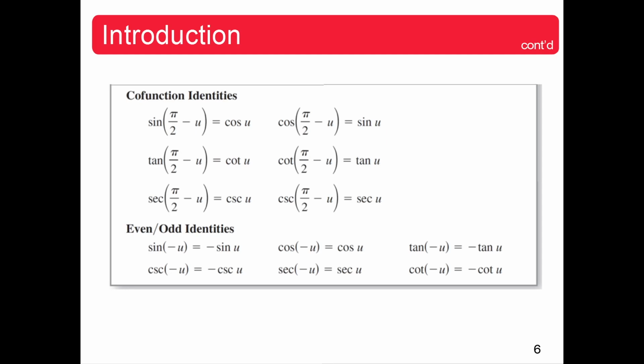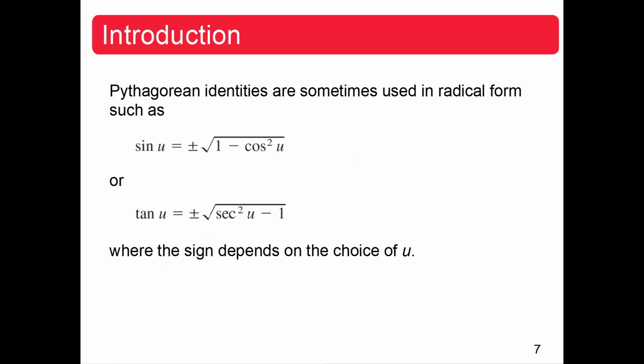The last one that I'm going to add to this particular set is a slight variation on the Pythagorean identities. Sometimes you're going to see Pythagorean identities written in radical form. This is taking those previous 3 Pythagorean identities that we saw, solving them for one of our squared trigonometric functions, and then taking the square root of the other side.